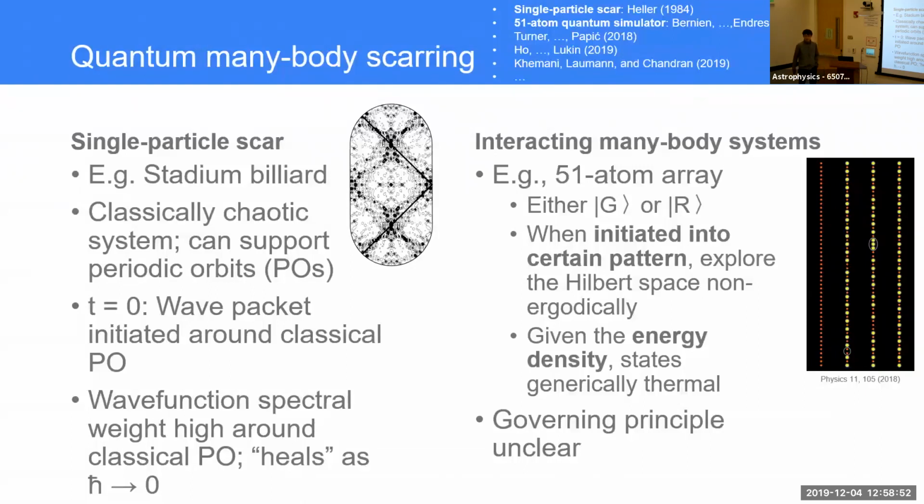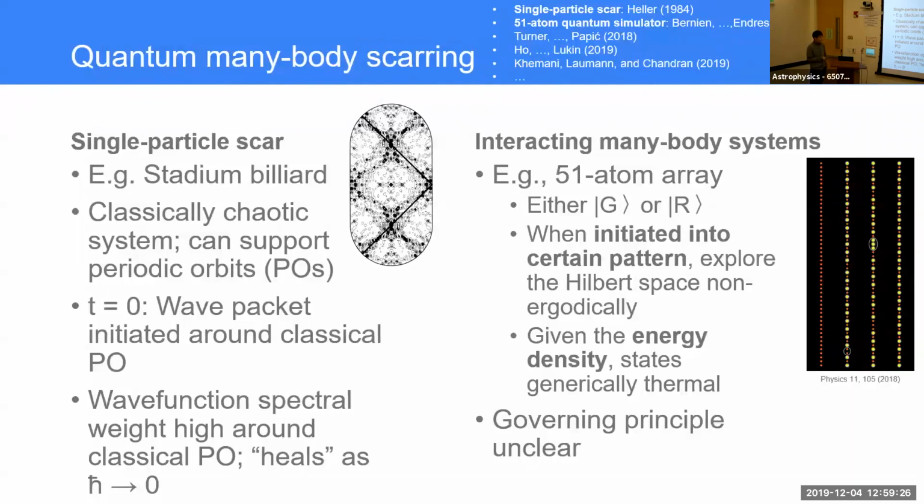If we consider the quantum mechanical limit, at zero time, say we initiate some wave packet that's centered around this classical periodic orbit, and then we just propagate it using the Helmholtz equation with the boundary condition imposed. What you will notice is that the wave function would actually be high around this classical periodic orbit, as if it's some sort of imprint or scar from the classical limit.